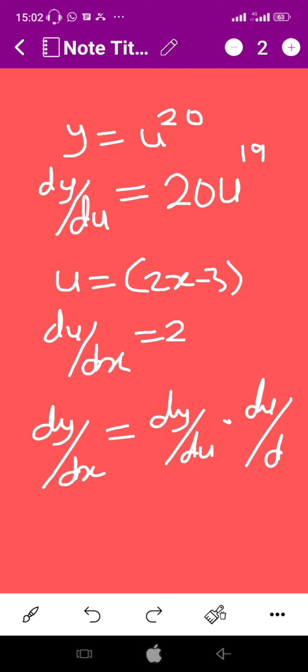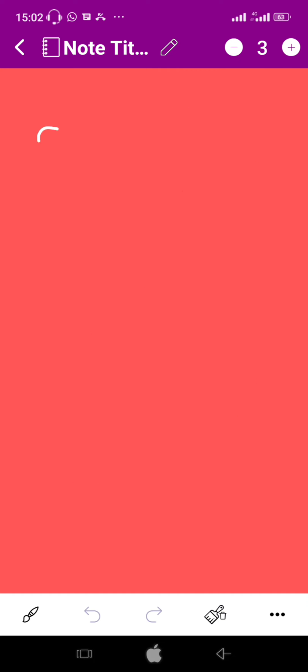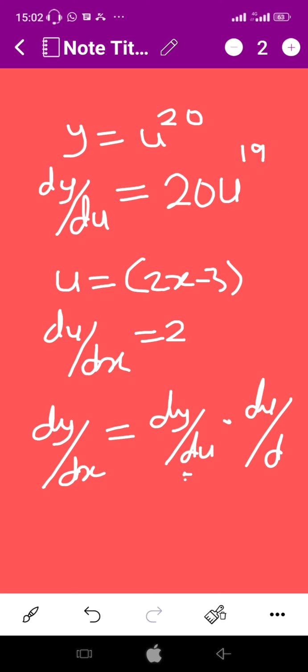Okay, so we say that dy/dx, going to the formula, equals dy/du. What is dy/du? Dy/du is 20u raised to power 19.